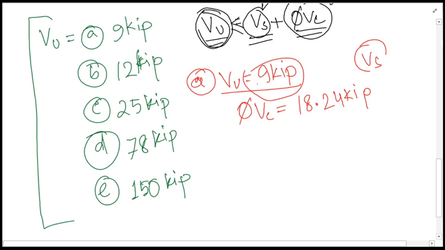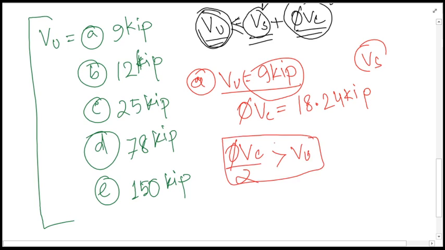But you will have to check another thing as well. According to the code, although 5VC is greater than VU, you will have to again check whether 5VC by 2 is greater than VU or not.